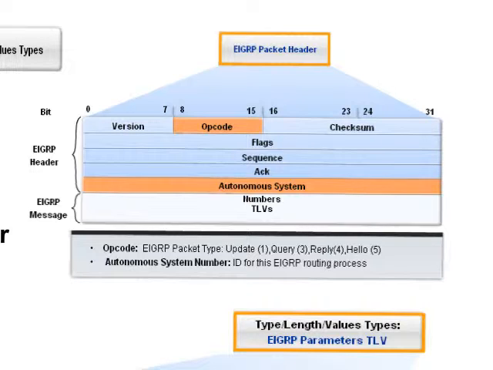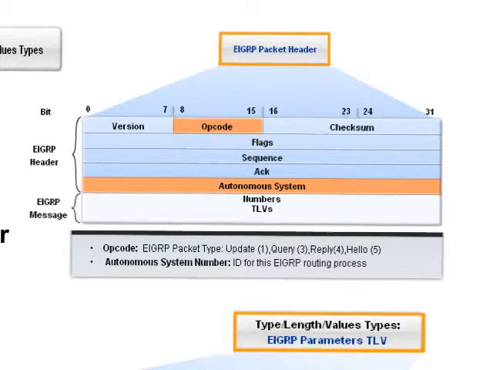But theoretically, you can have 2 or 3 of these process IDs in the same autonomous system. So the autonomous system field here is slightly different from the definition of an autonomous system that we talked about before. Here, the autonomous system field indicates a process ID.